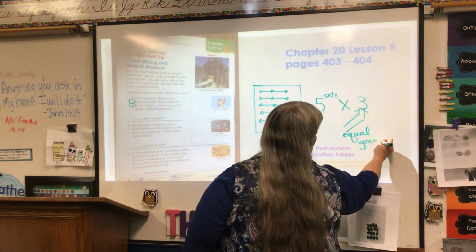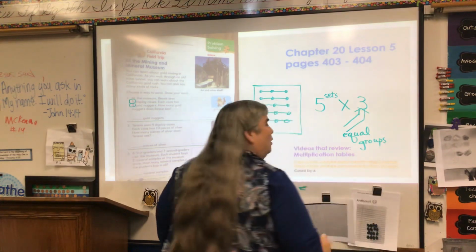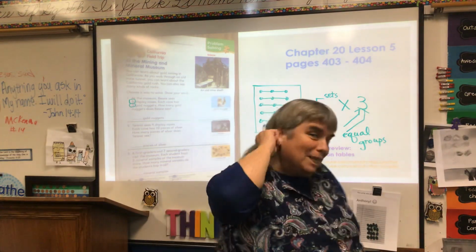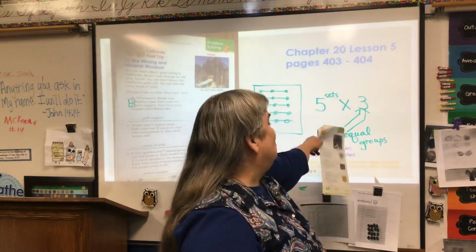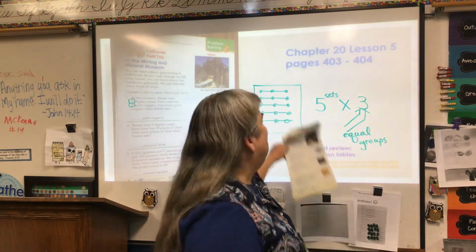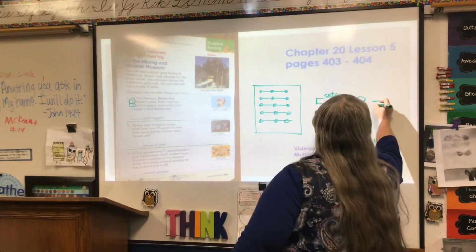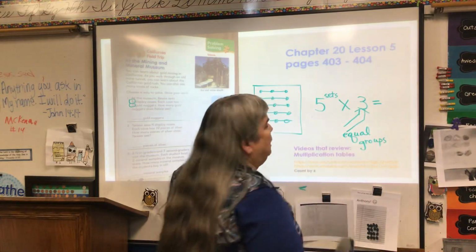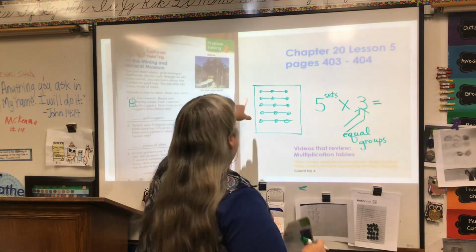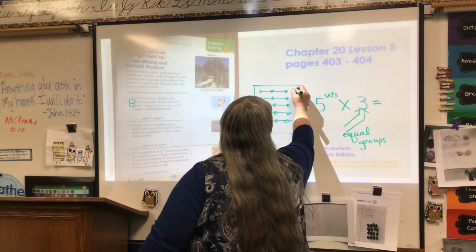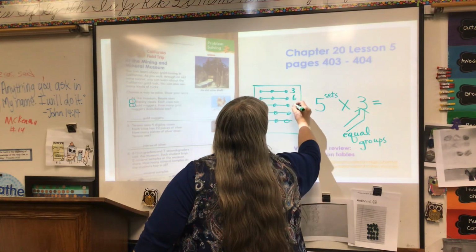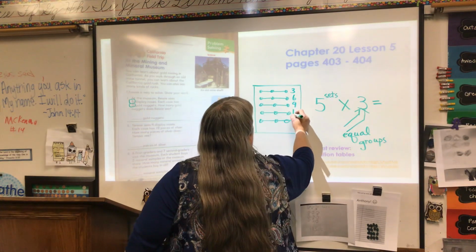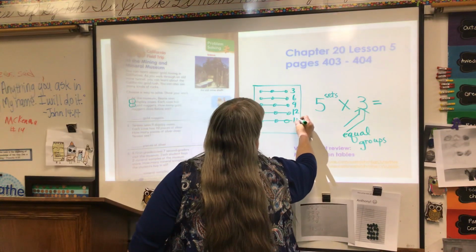This is what was difficult. When I was talking to someone about it yesterday, equal groups is the second number. So 5 sets of 3. So I'm going to do skip counting by 3s. 3, 6, 9, 12, 15.